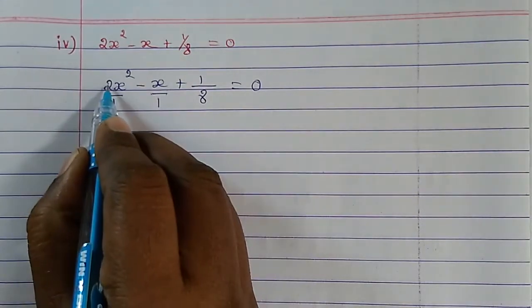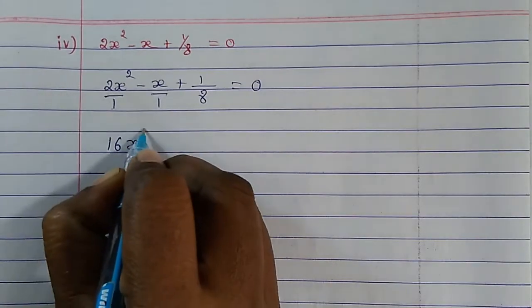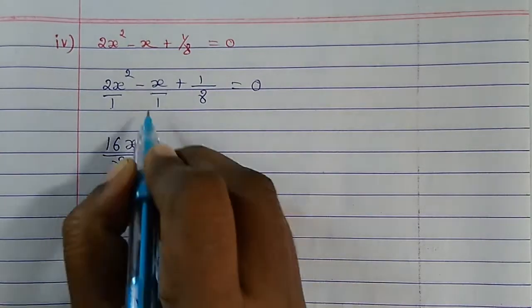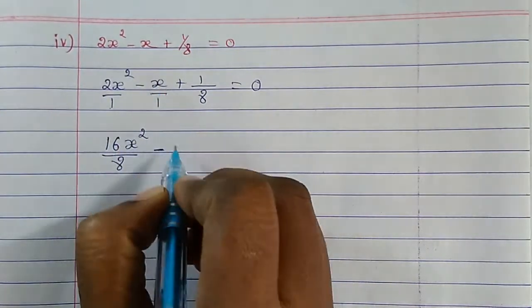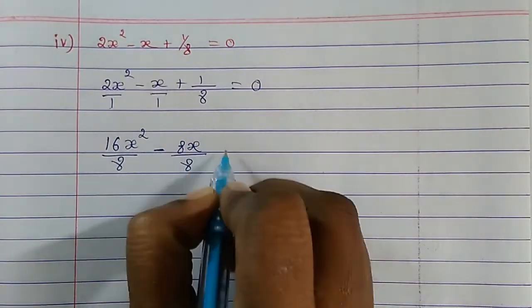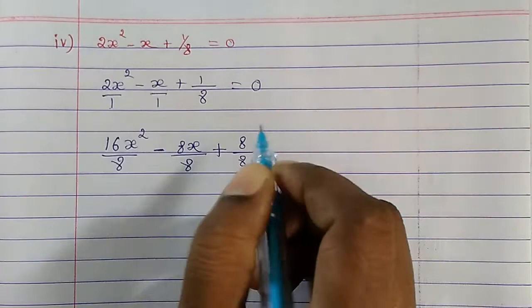If you multiply with 8 here, we will get 16x square. Then here you will get 8 only. Then minus, if you multiply with 8, we'll get 8x. Then here it will be 8, here we'll get 8, here also 8.